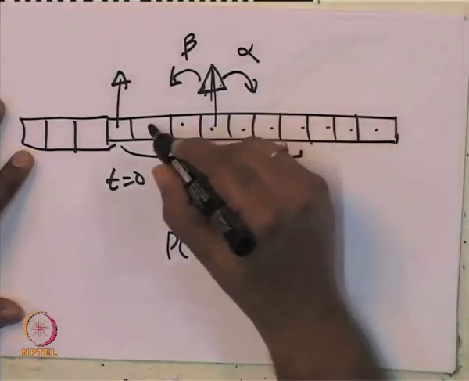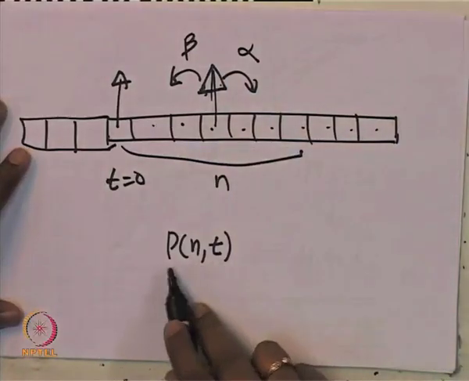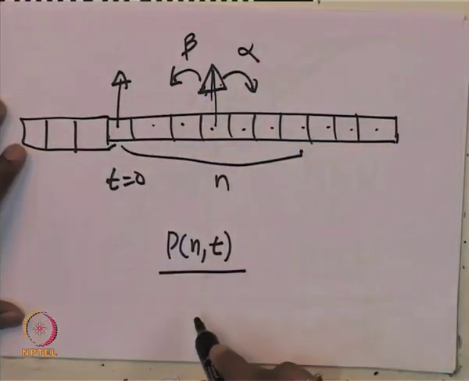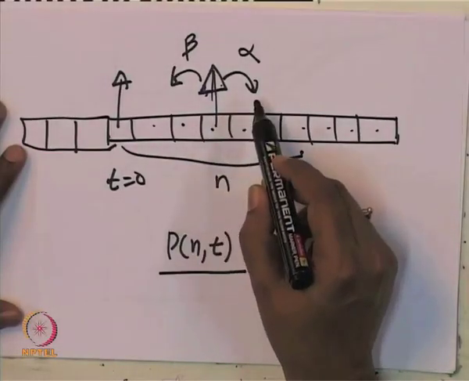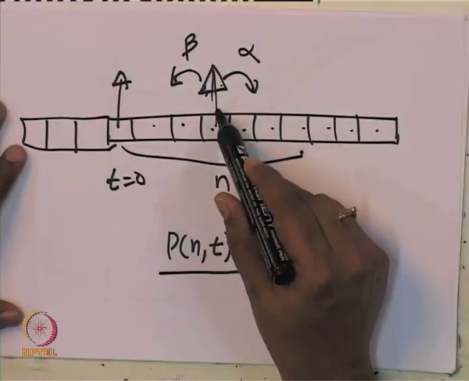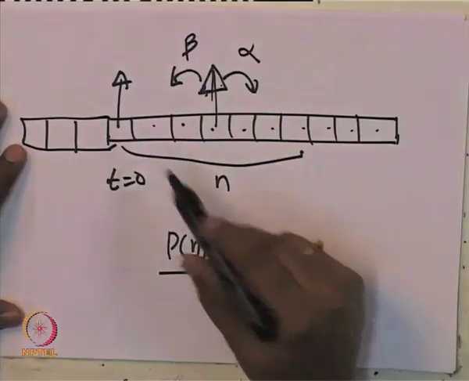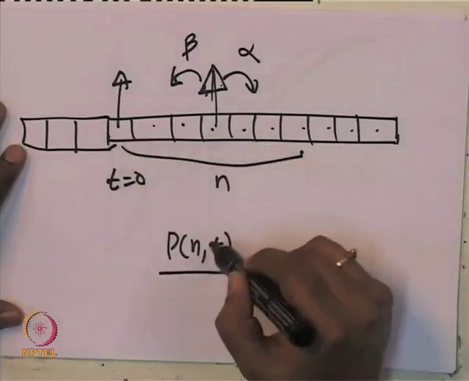So, even for a molecular motor, we can define something called P(n,t), which is the probability that it would have moved a distance of n monomers in a time t.